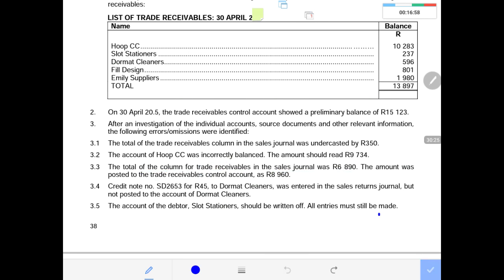Take note, it was posted where? To the trade receivables control account as how much? As 8,980. That means the amount that appears in our trade receivables control is overcasted by how much? We need to go there and correct the error.